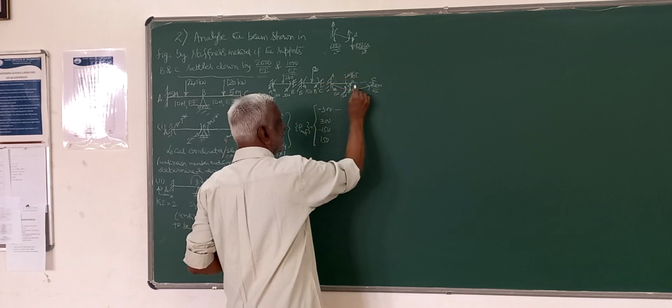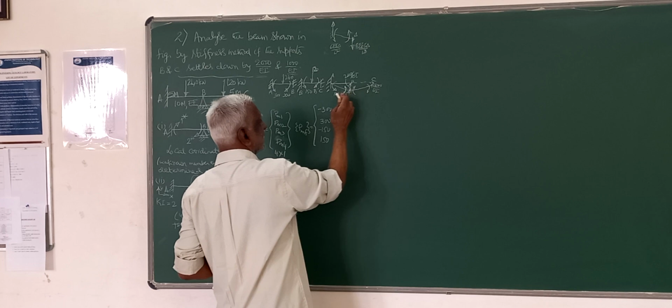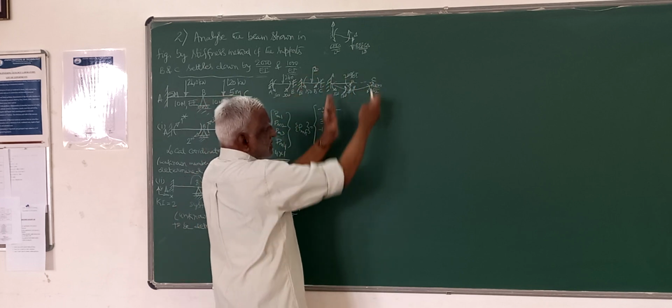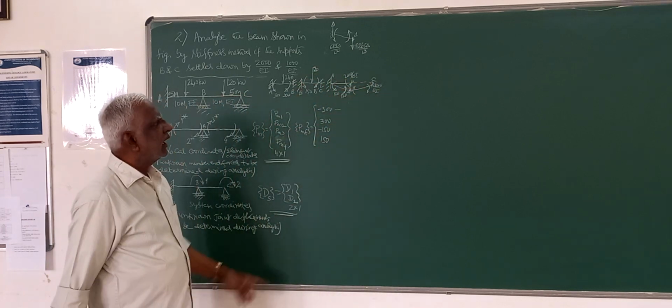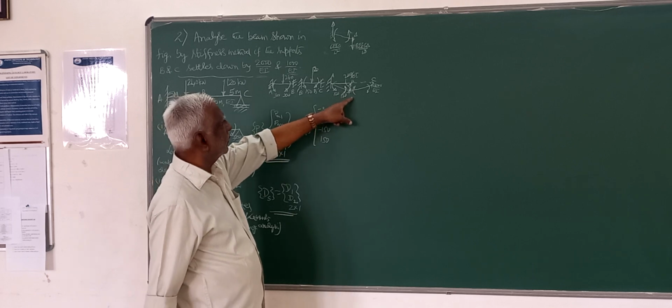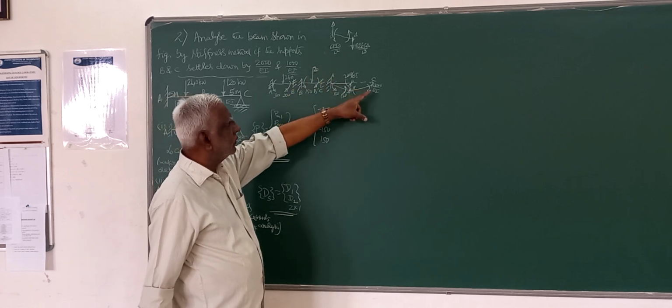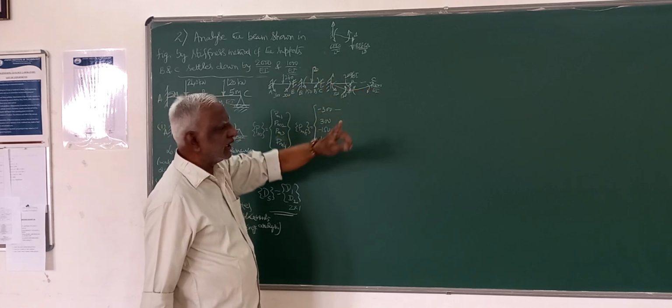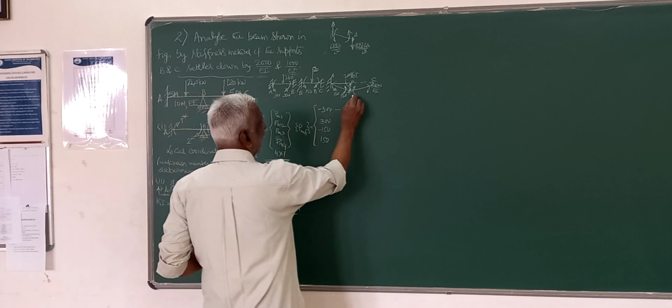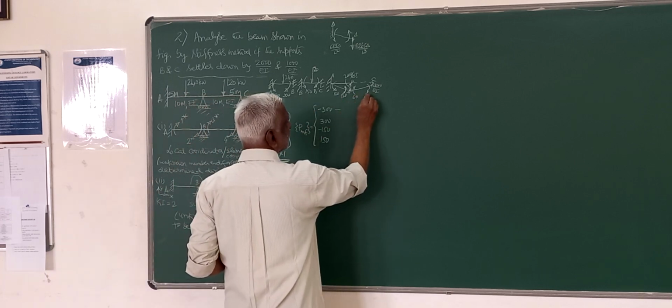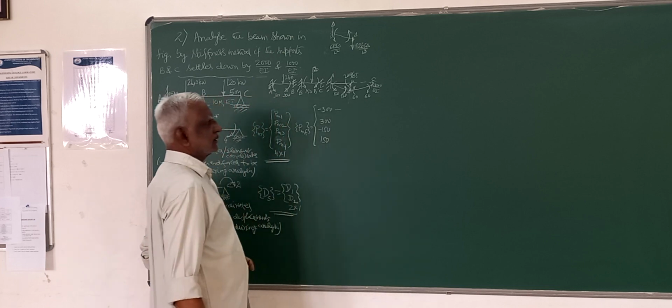The moment generated is in the clockwise direction; here it is anti-clockwise, here it is clockwise, and that moment is 6 into EI into 1000 by EI divided by 10 square, and that value is 60 and 60.